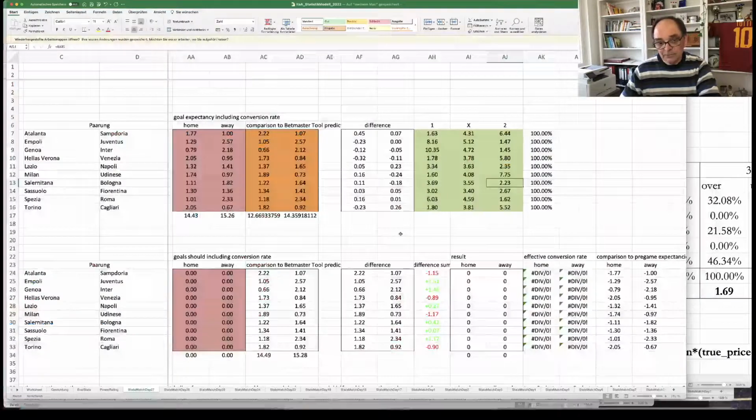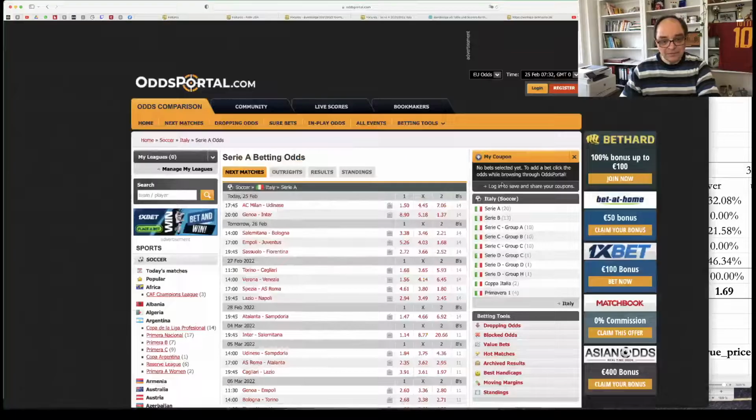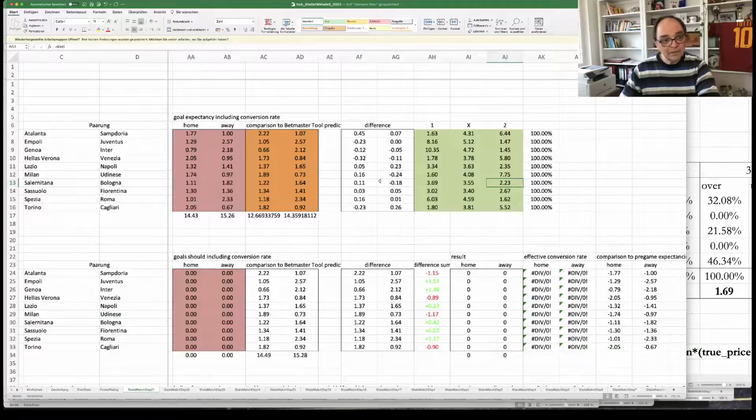So actually 221 is below, but having this in mind, we can even consider, and 221 would not be a serious error anyway, and we can also use our personal understanding or ideas of that and say, no, Salernitana are not good enough. 221, very good price, I have to say. A bit surprised, because it's as if Salernitana still have a chance, which maybe they have.